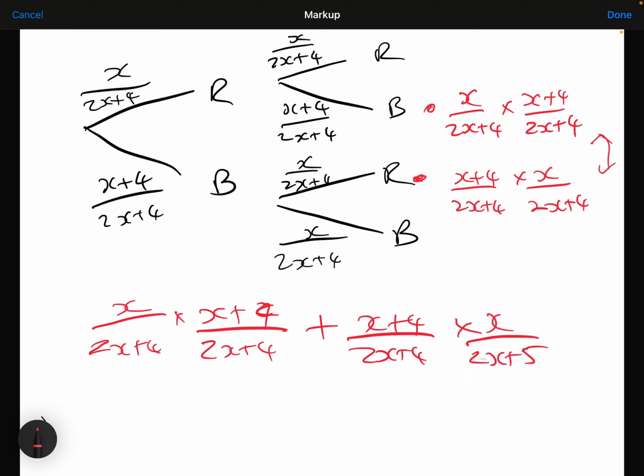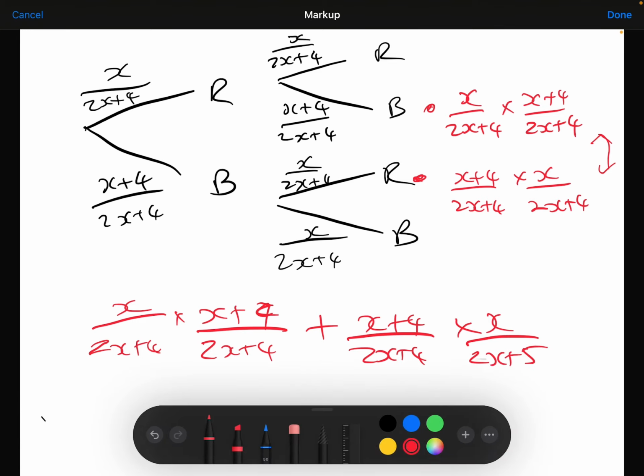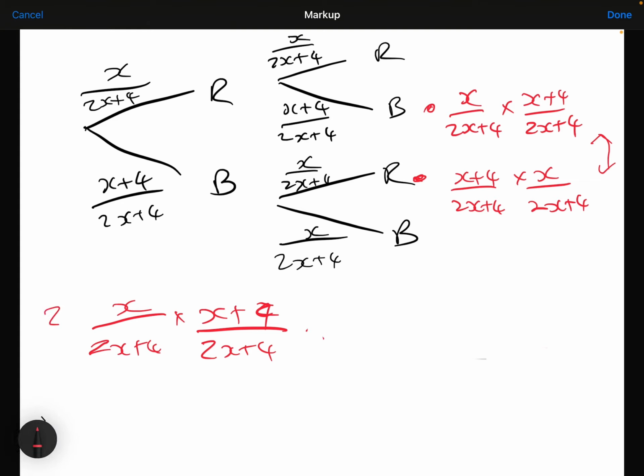That's adding the two of them together, but they are the same thing. So rather than adding it together, I could just multiply it by 2. That's the long and the short of it, because there's 2 of them. So I've got 2 lots of all of that is equal to 21 over 50. That's what I'm saying here.